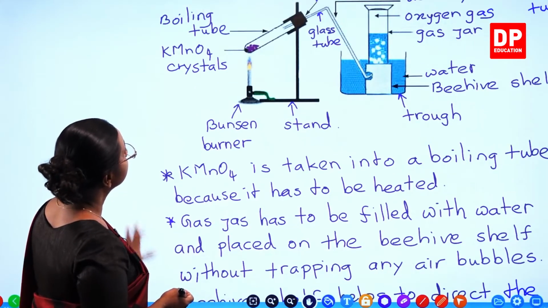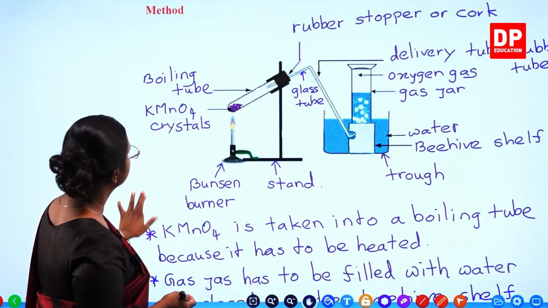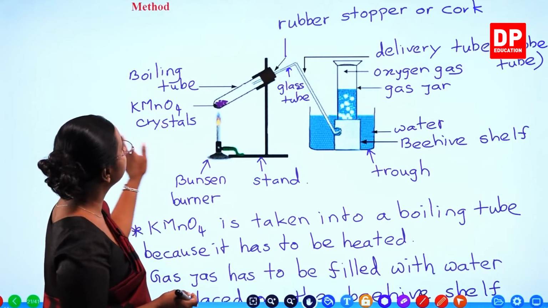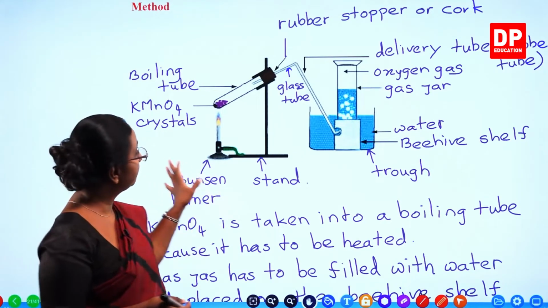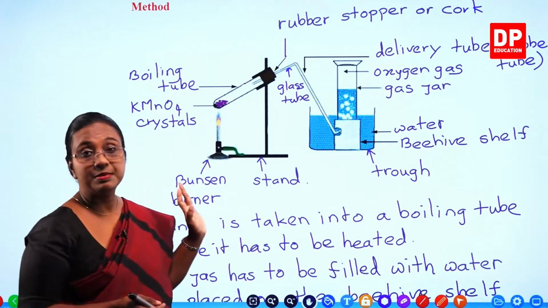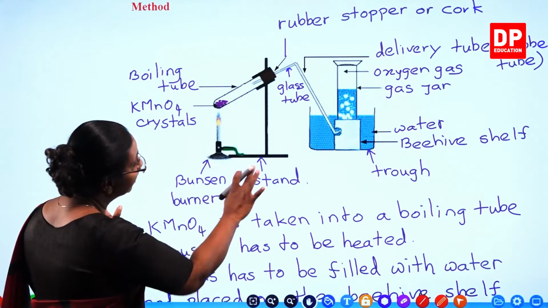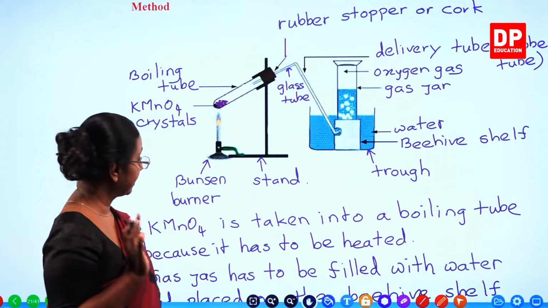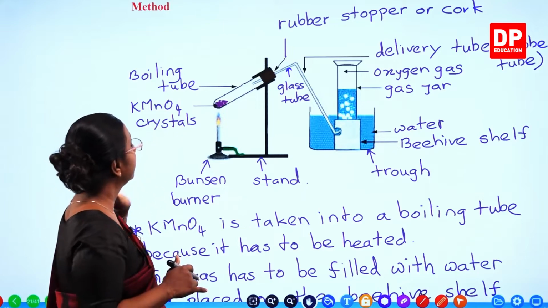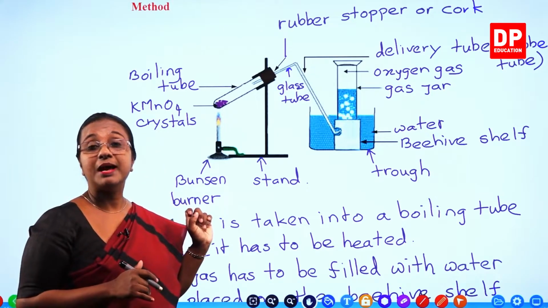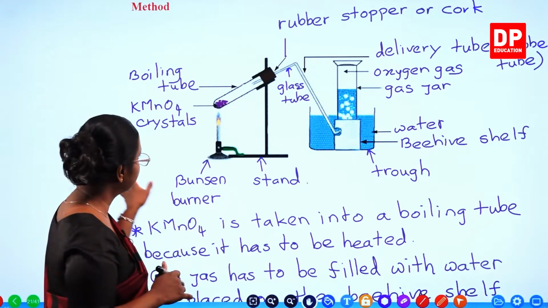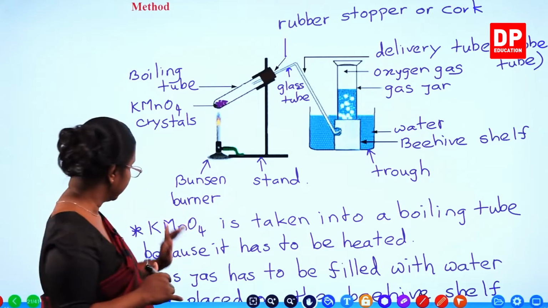Here you can see this is the apparatus. So when they are given the diagram, you should be able to identify all the parts and label them, and you have to give the correct labels. That is something needed. So here we are using potassium permanganate or Condes crystals to produce oxygen gas.